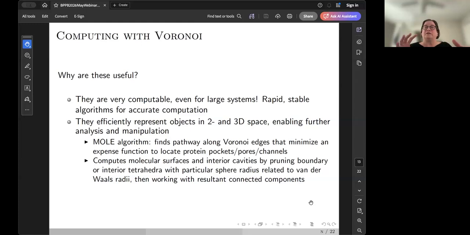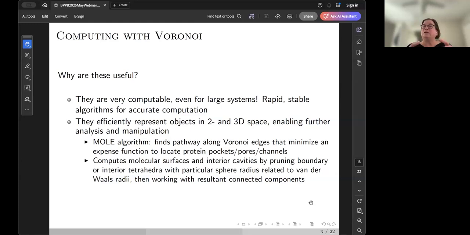Once we have those representations, they're very nice to manipulate and use for the types of things that we want to do. I'm focusing on one particular algorithm called the MOLE algorithm.